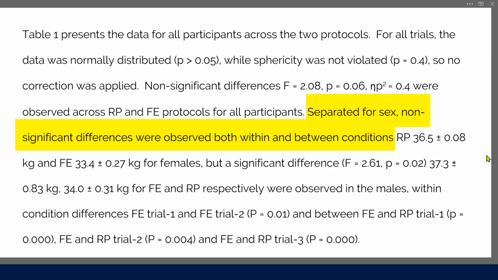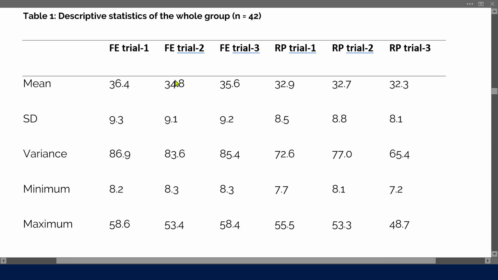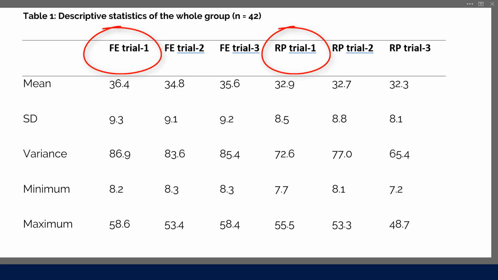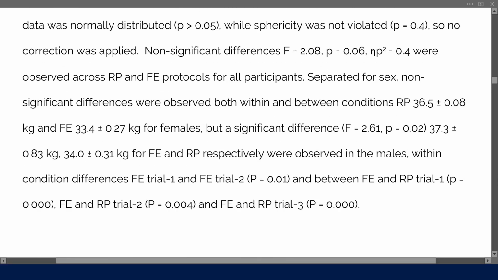So think a little bit about the writing that's going on here. Within would be, for example, comparing FE trial 1 to FE trial 2 to FE trial 3. And between would be comparing FE trial 1 to RP trial 1, or FE trial 2 to RP trial 2, or FE trial 3 to RP trial 3.